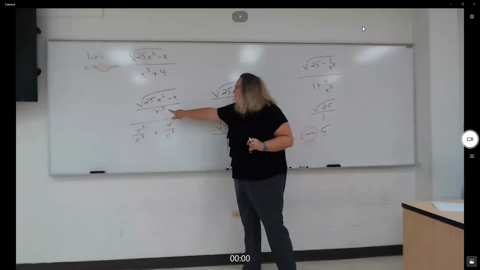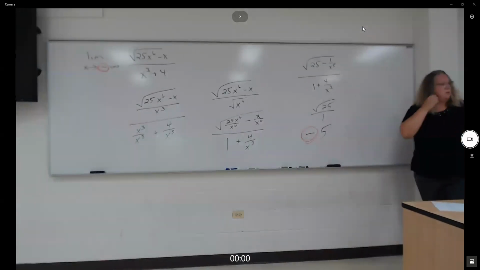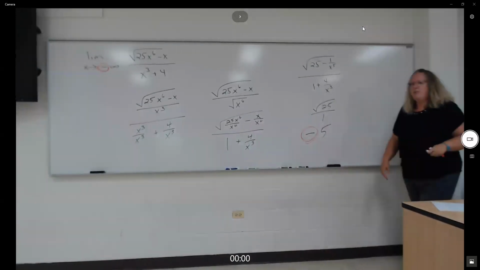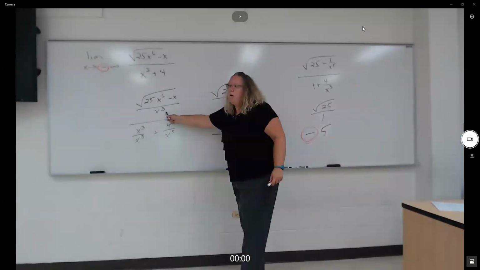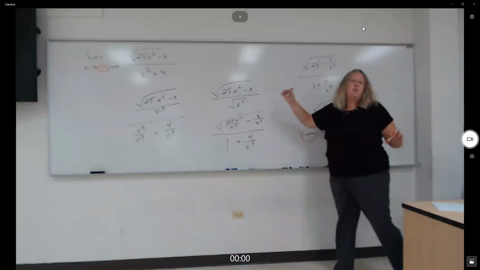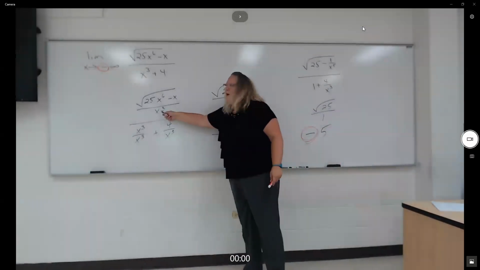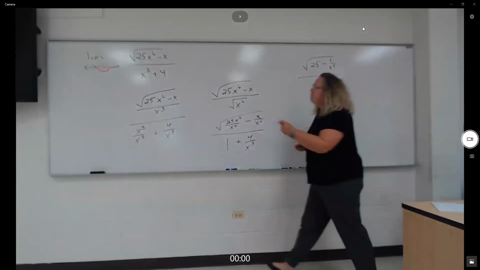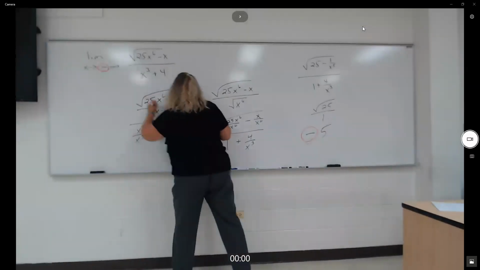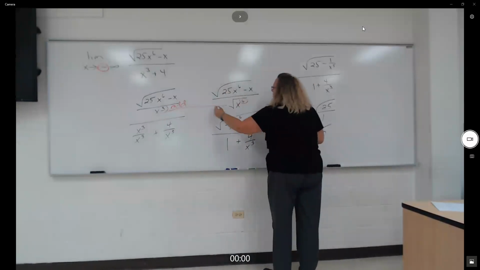Now, if it's even and I change it to an even, I don't have to worry about it. Does that make sense? If it's going to negative infinity, but I use an x to the 4th, and then I change it to x to the 8th, I don't care, because the original problem had an x to the 4th, and that would have made it positive to begin with. So the only time it matters is when this is negative, and this goes from odd to even.